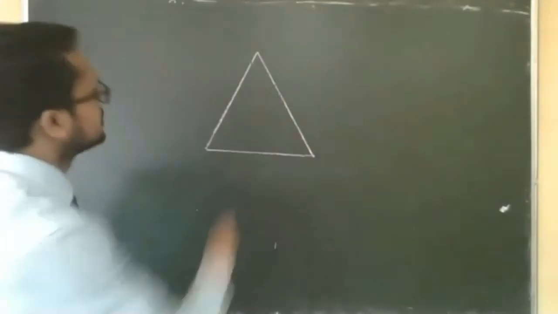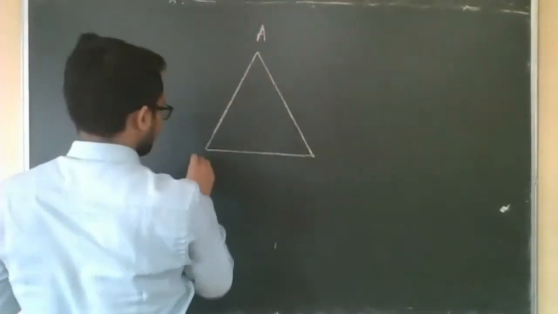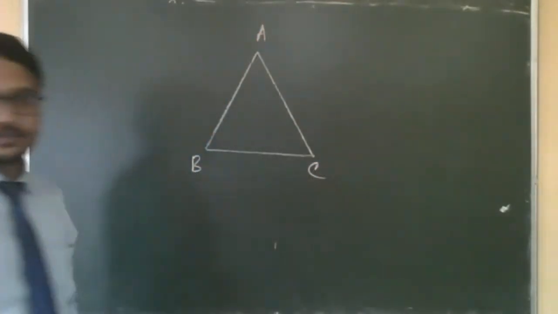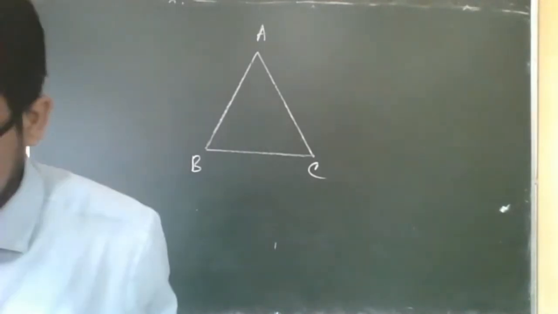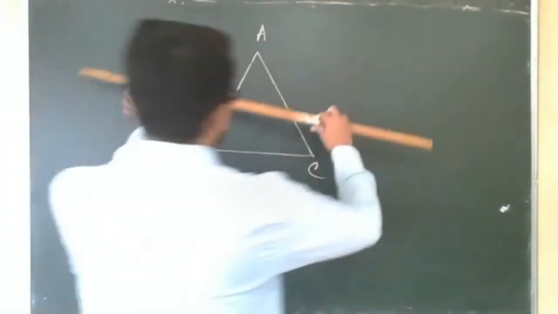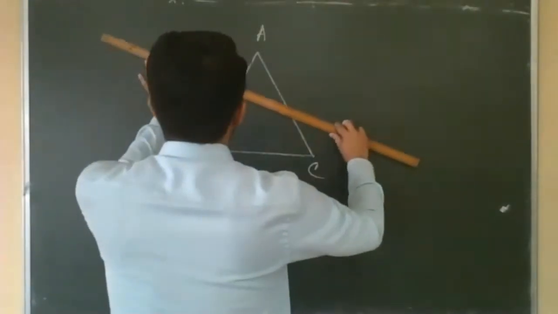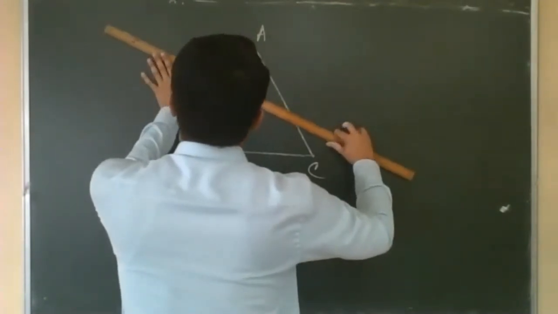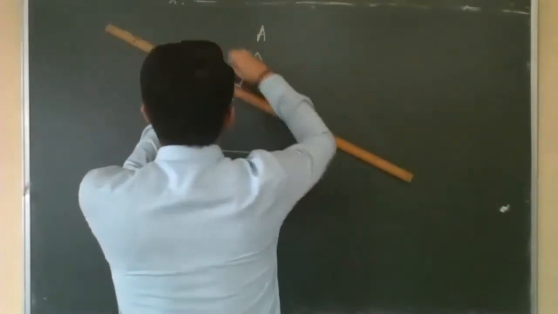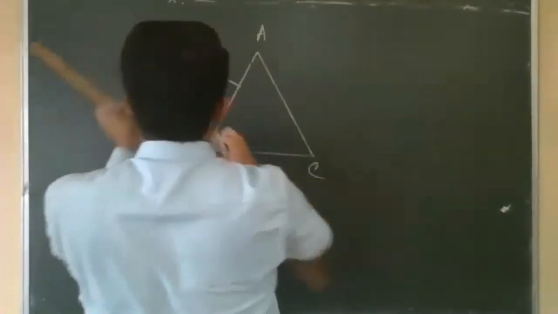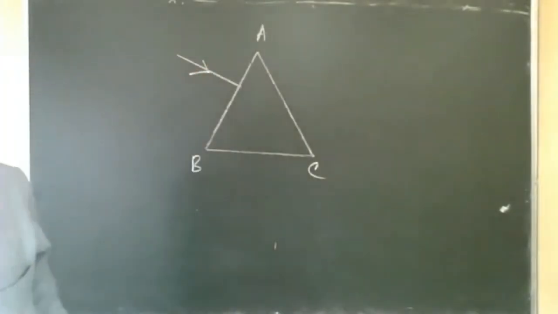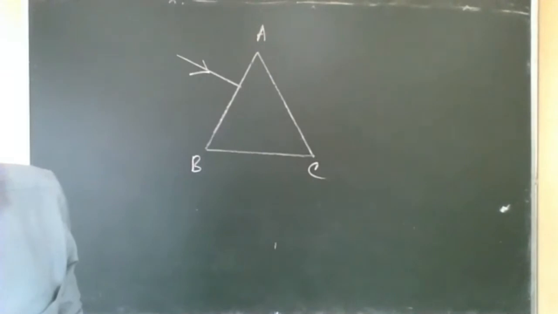So A, B, C. Normal incidence. The ray is incident normally on one face of an equilateral prism.